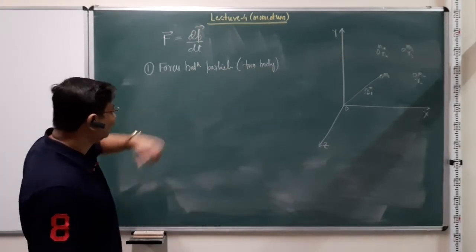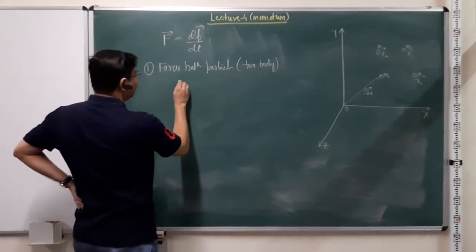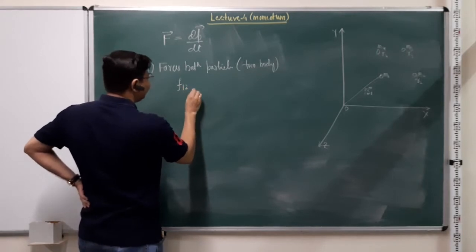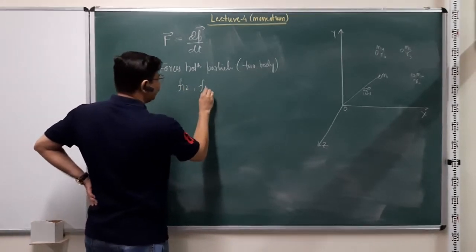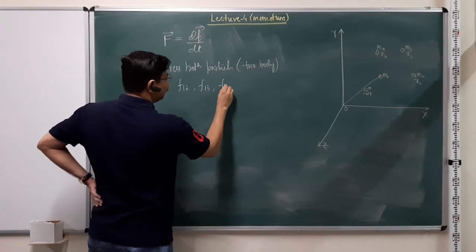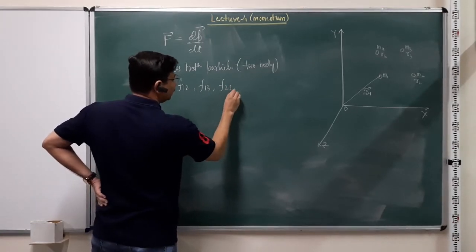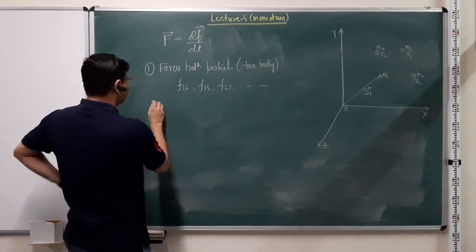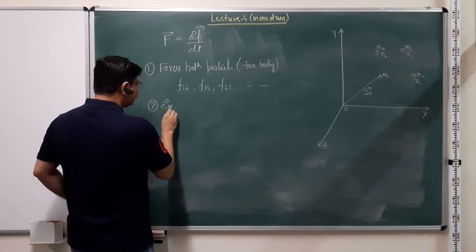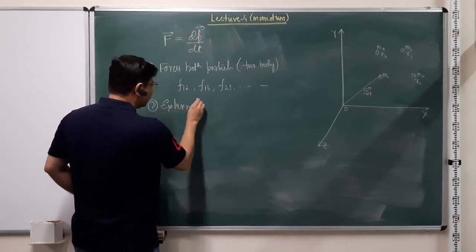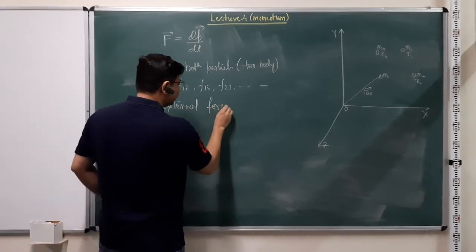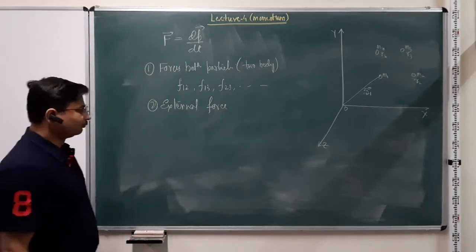So forces between the particles, and now I can write down these forces as F12, F13, F23, and so on, right? And second is external force acting on the system.